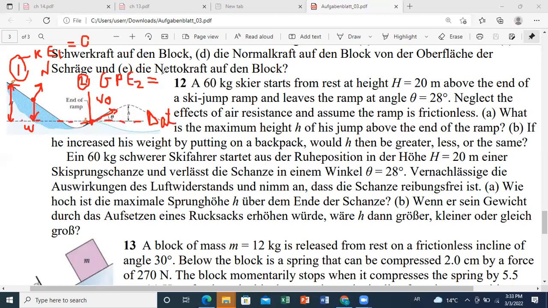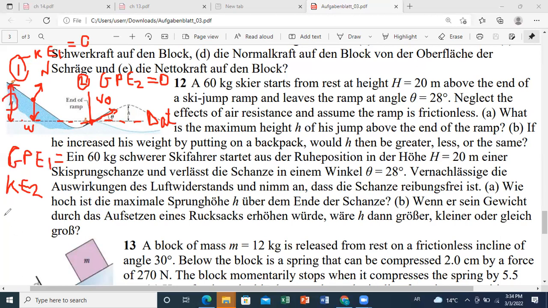If I write the conservation of mechanical energy, the gravitational potential energy at state 1 is equal to the kinetic energy at state 2. The gravitational potential energy at state 1 is mgh because the height h is given.